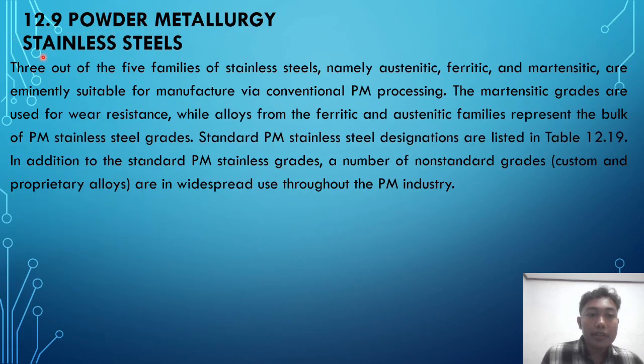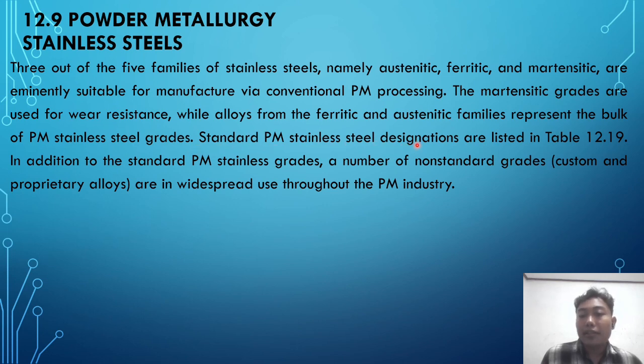12.9 Powder Metallurgy Stainless Steels. Three of the five families of stainless steel, namely austenitic, ferritic, and martensitic, are amenable to production via conventional PM processing. The martensitic grades are used for wear resistance, while alloys from the ferritic and austenitic families represent the bulk of PM stainless steel grades.